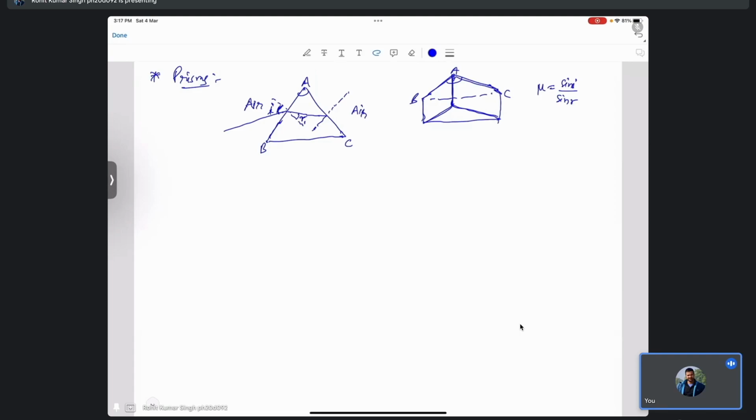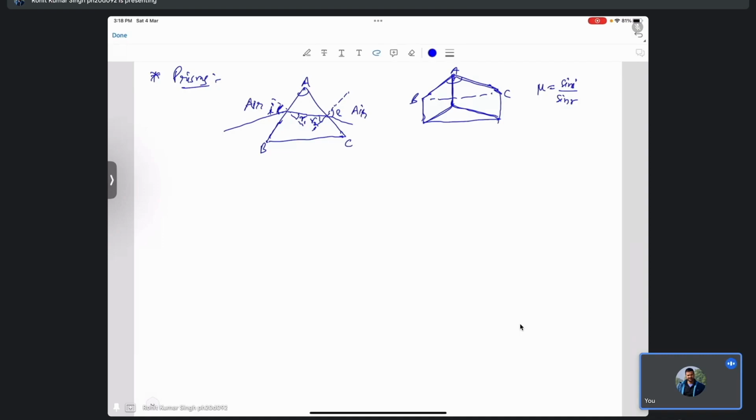So now this will be the incident angle, but let's denote it as r2, and the refracted angle, let's call it e, like this. e here is the emergent angle because it is emerging from the prism, that's why it's called the emergent angle.